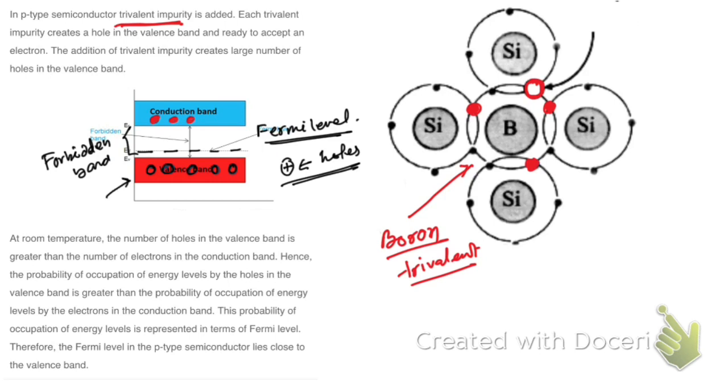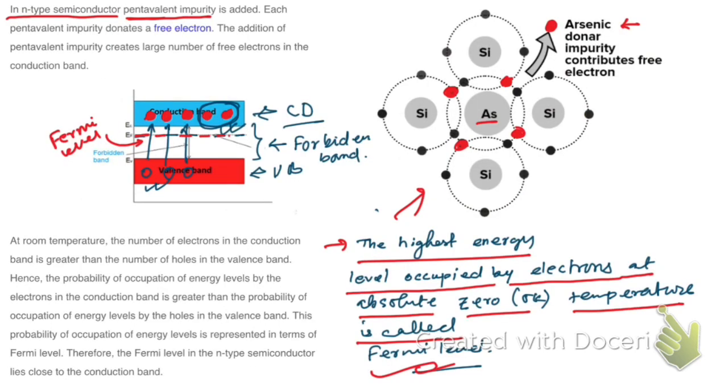And this red one is the valence band, and this one is the conduction band. In the case of n-type, let me come here, we have more free electrons, so the negatively charged electrons are the majority charge carriers.